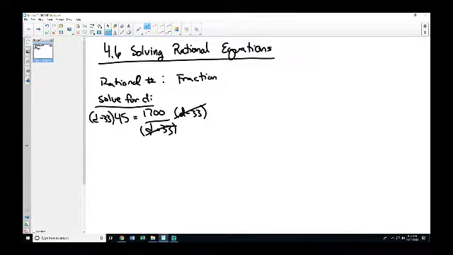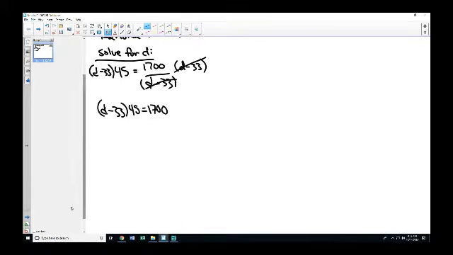So you can distribute that if you want, you don't have to. At this point now it's an equation that you solve similar to many of them. You solve something like that a lot of times.